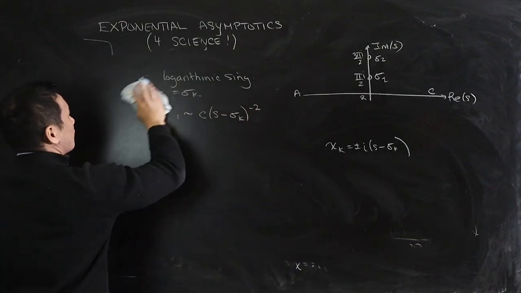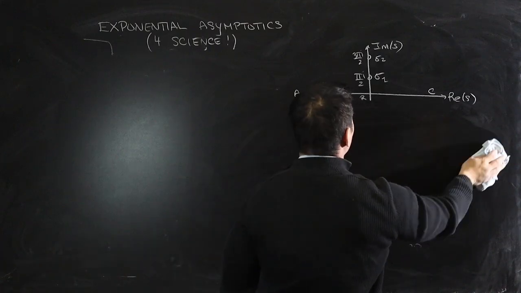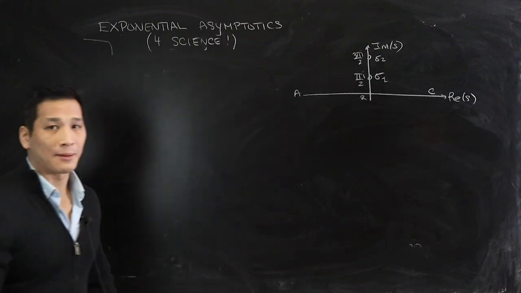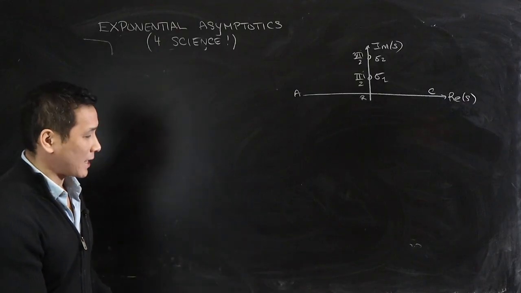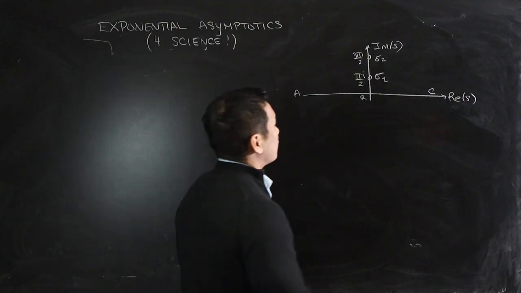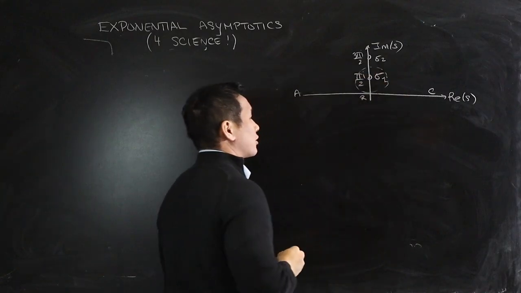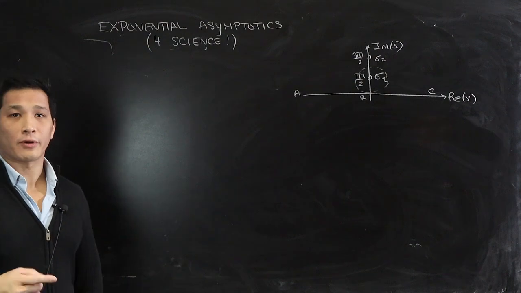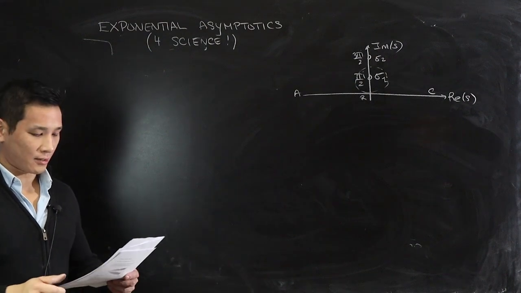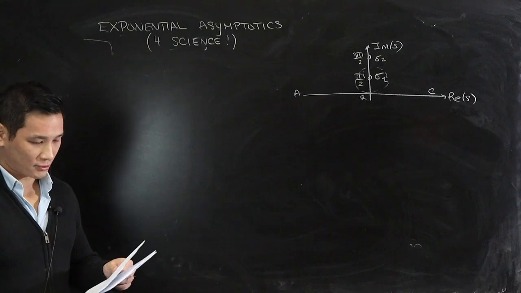Now, to figure out the gamma and the lambda, you're going to have to do some inner singularity matching. You take your ODE problem, zoom in into a little bubble around the relevant singularities, and then find the right gamma and the right lambda that allows you to match inner and outer solutions.